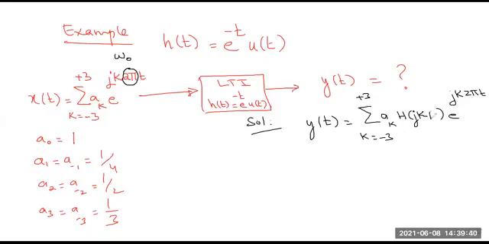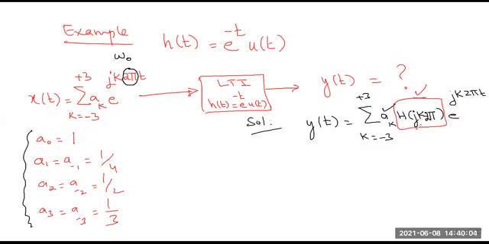All I need to do is, these coefficients are given to us, but I need to find out this function. Once I know this function, then I will be able to find out the Fourier coefficients of the output.